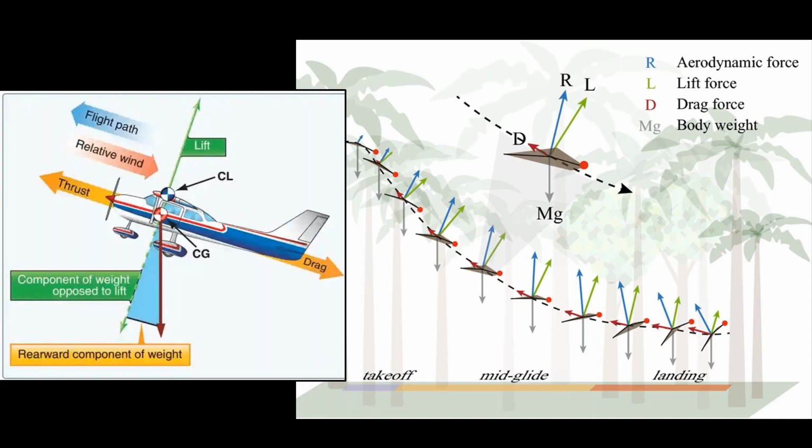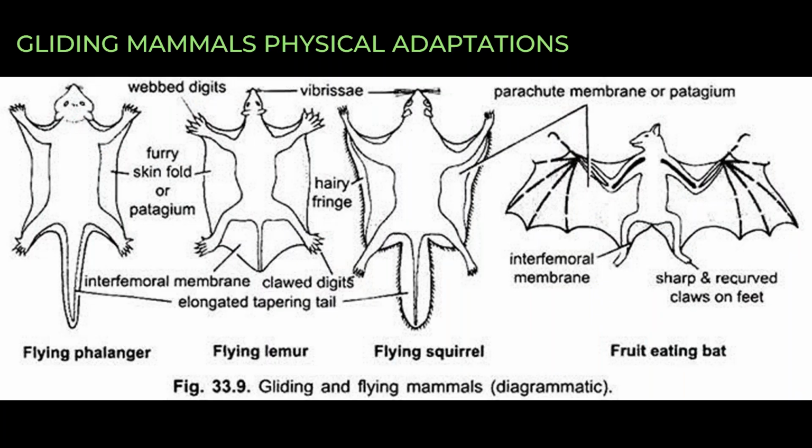Before that, I will talk about the mammals first. They have some adaptations, which are the posture and the orientation, which is more important for them. So the gliding mammal's body is elongated, flattened, and streamlined.